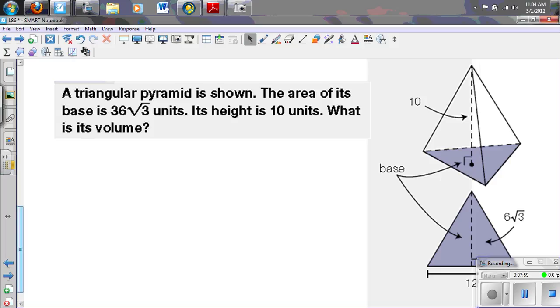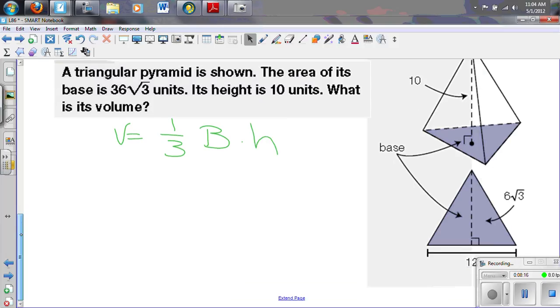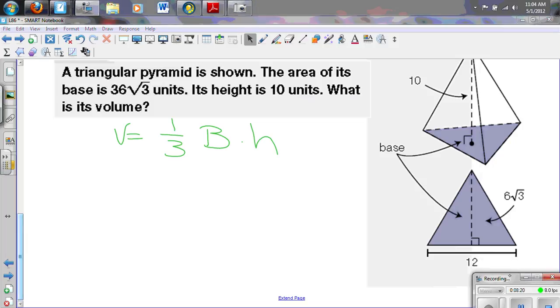Triangular pyramid. It's still basically the same problem, because we still have the volume equaling 1/3 the base area times the height. Only this time the base area is a triangle, and they actually show you what that triangle looks like. They show you what that bottom triangle looks like.